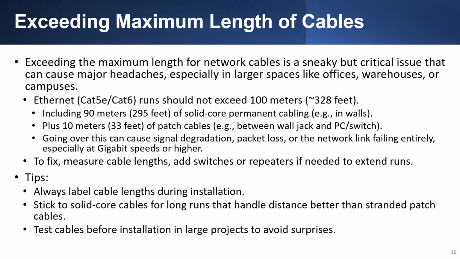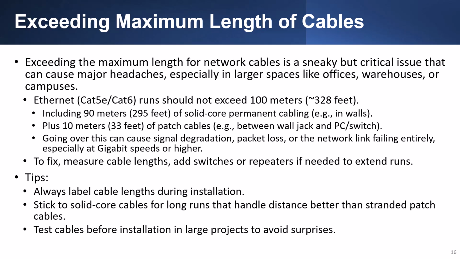Exceeding the maximum length for network cables is a sneaky but critical issue that can cause major headaches, especially in large spaces like offices, warehouses, or campuses. Ethernet Cat5e or Cat6 runs should not exceed 100 meters or 328 feet.